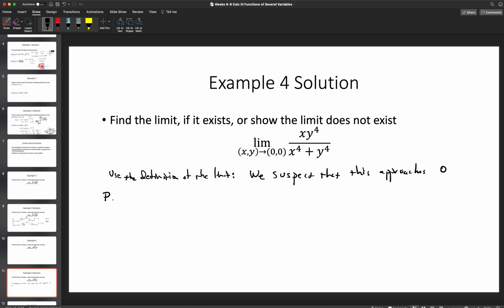So let's look at our proof using an epsilon delta proof. We let epsilon be greater than 0.